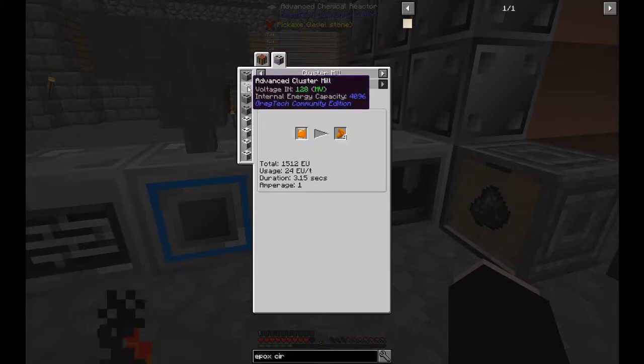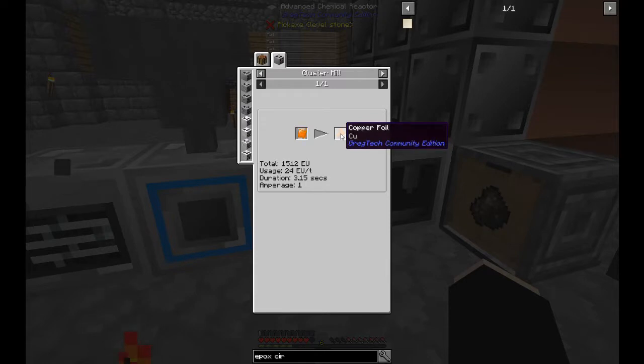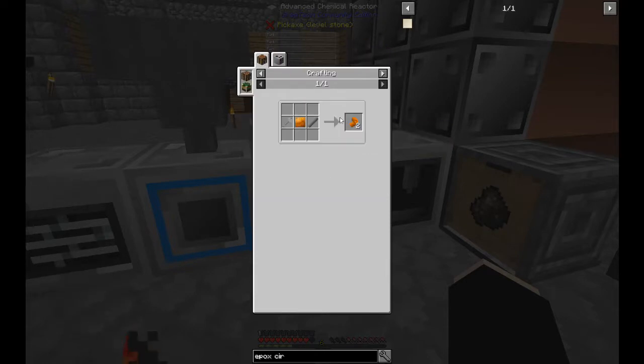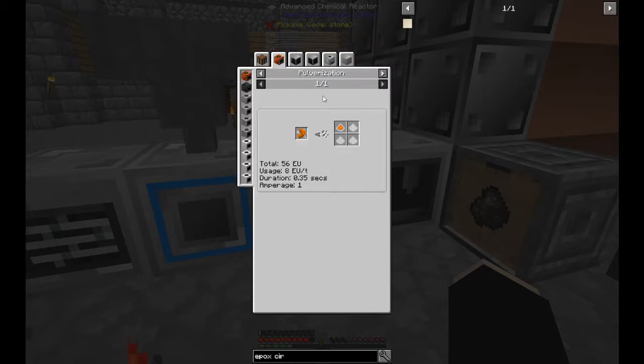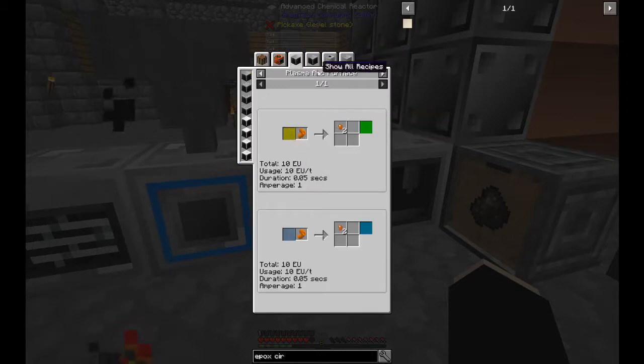Copper foil is, I don't know if a cluster mill yet. Should I make a cluster mill? Do I expect to need a lot of foil? Or, you know, this makes 2 out of a plate. This makes 4 out of a plate. These are also used to make fine copper wires, or to make annealed copper.